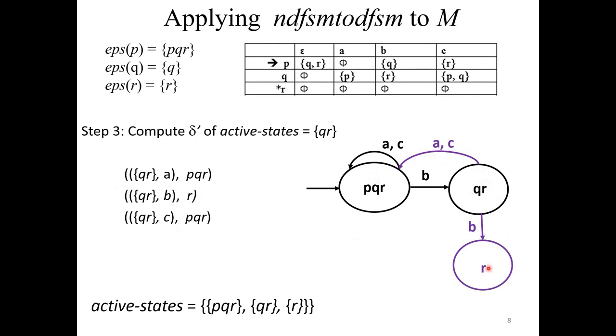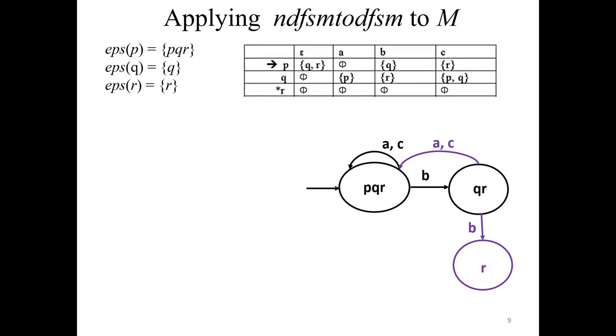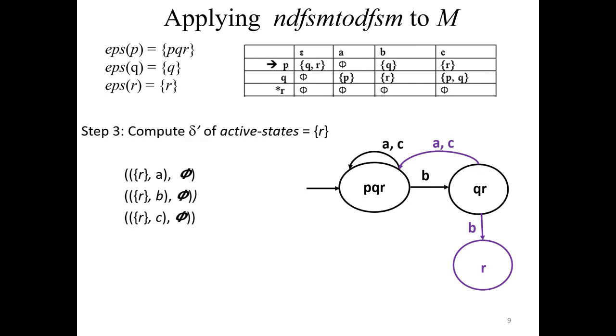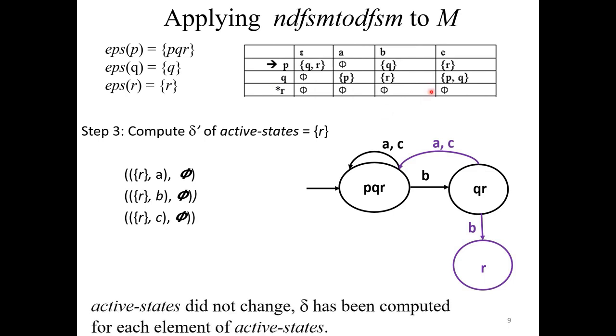For B, it is going to state R. Now we are supposed to compute the transitions for state R. You can see here, R, A, R, B and R, C all are going to the null state. And here we don't have any change in the active states. So the deltas have been computed for each element of the active states.